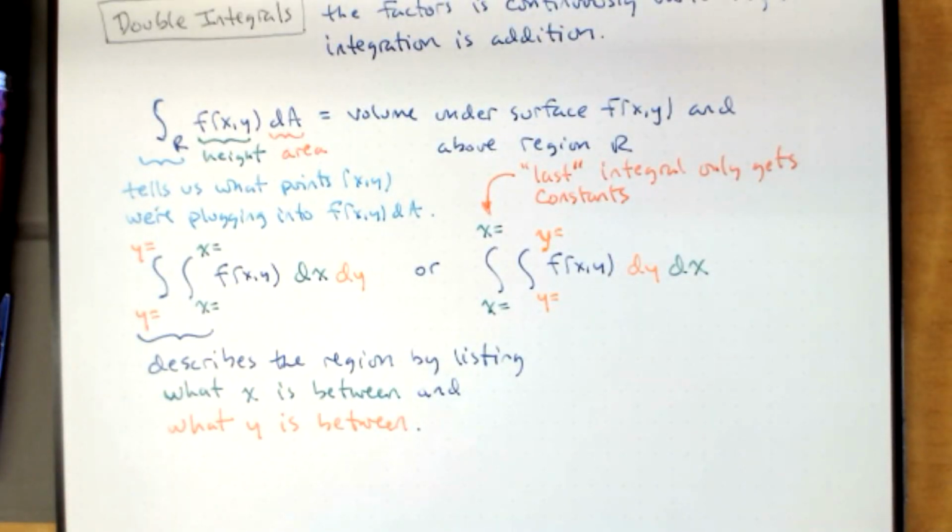So from A to B, we only get to use constants on the last integral. The earlier integrals get to use functions of upcoming variables. That's the way I usually phrase it.